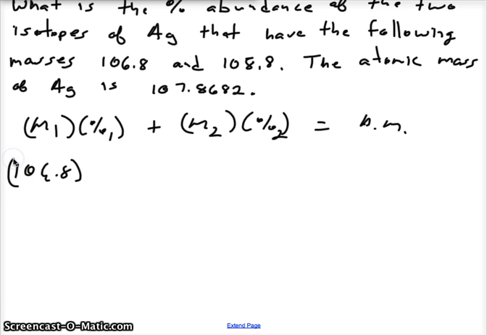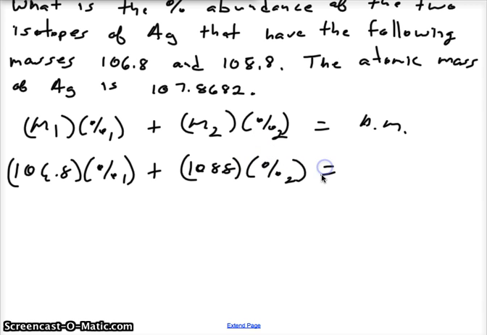We don't know what the percent is though. Mass of 2 is 108.8. Again, we don't know what the percent is. We're looking for those percent abundances. But we do know what the atomic mass of silver is. It's 107.8682.